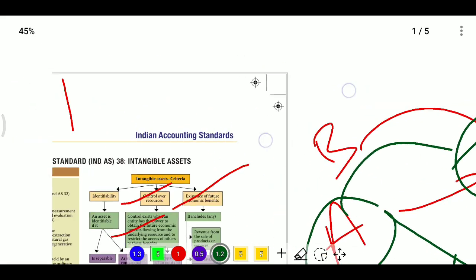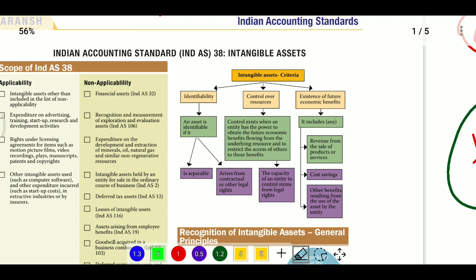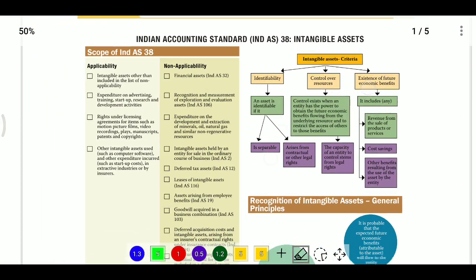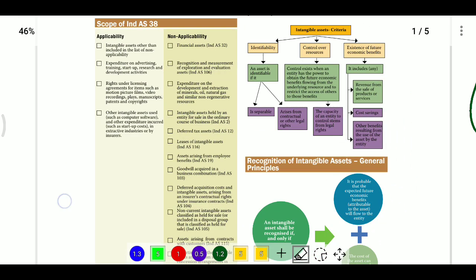Now after that, an intangible asset must have identifiability. Identifiability means that it is separable and transferable individually, or arising from contractual rights. It is identifiable if it is separable or arising from contract.